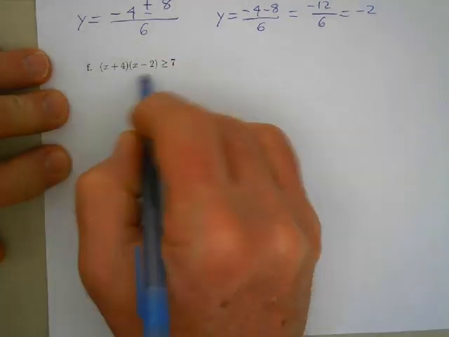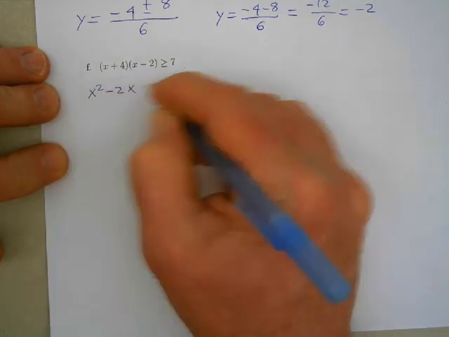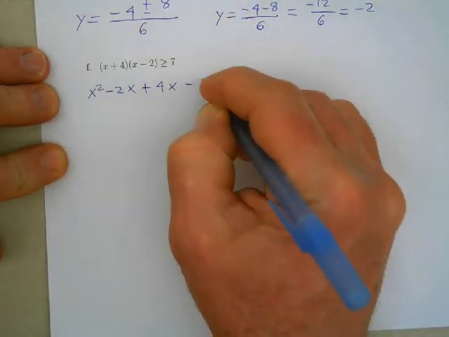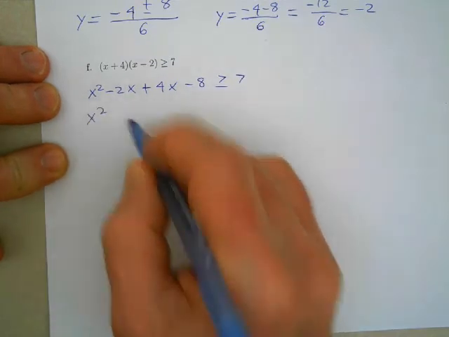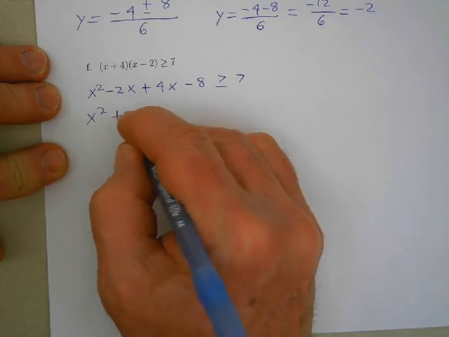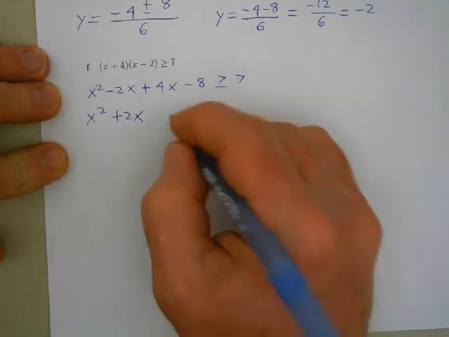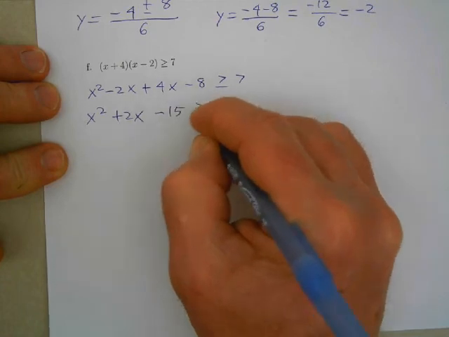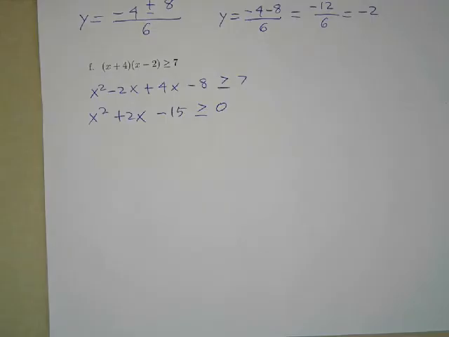We get x squared minus 2x plus 4x minus 8 greater than or equal to 7. We'll combine the like terms: the minus 2x plus 4x is plus 2x, and we'll also subtract 7 from both sides. So we get x squared plus 2x minus 15 is greater than or equal to 0.